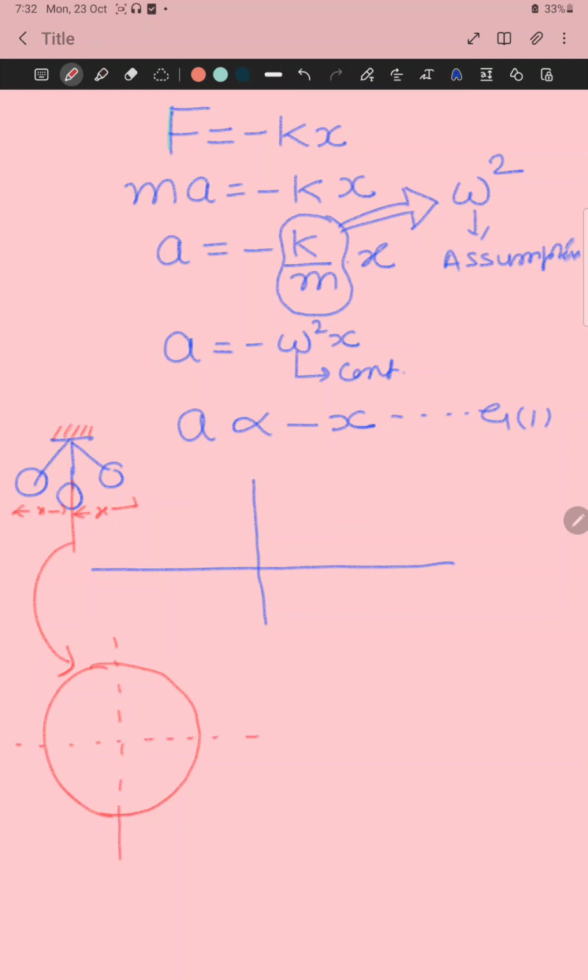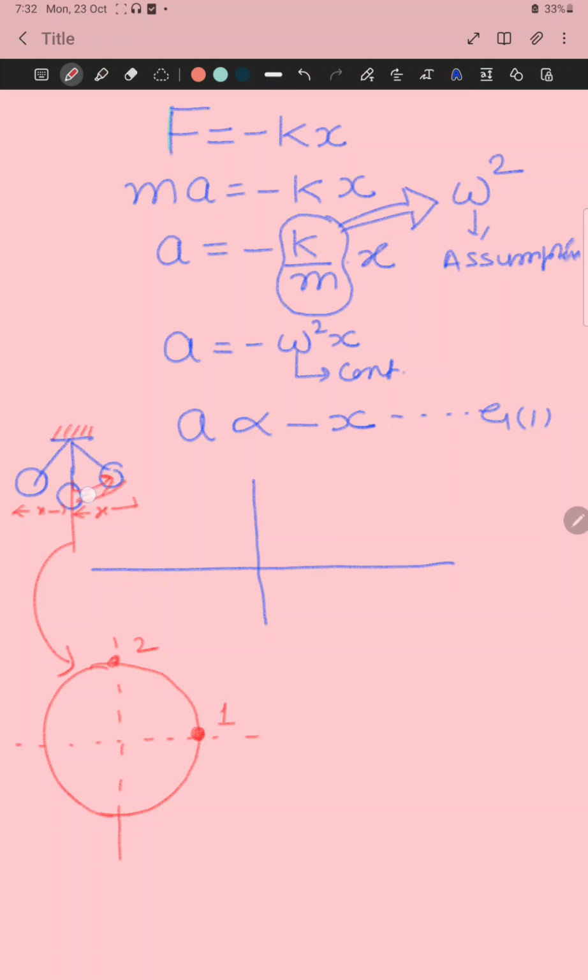Here we can say the pendulum executes its motion for the first quarter, let's say the point starts from point number 1 to 2, and this is the extreme.